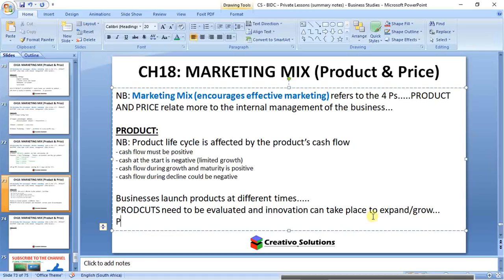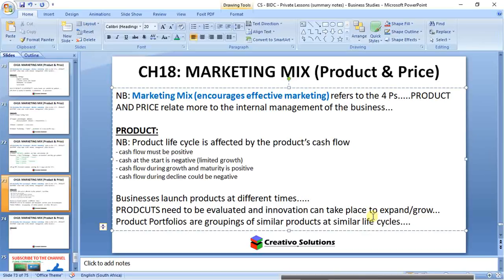So product portfolios are groupings of similar products at similar life cycles. Okay, and that's the portfolio.